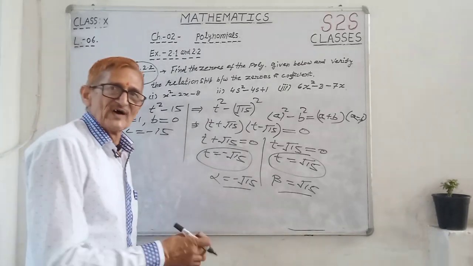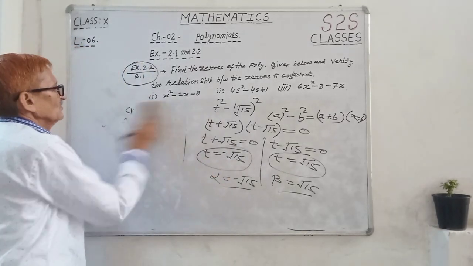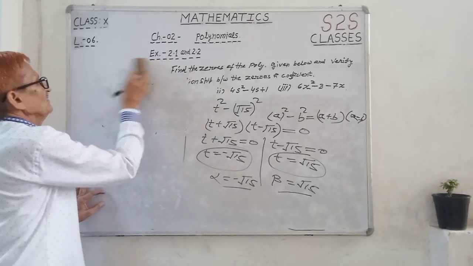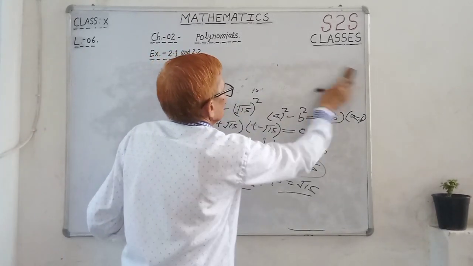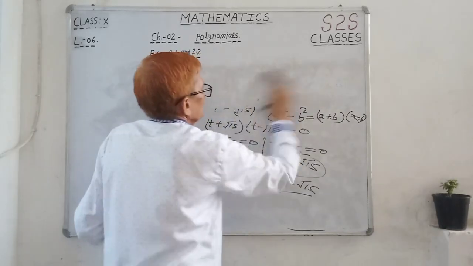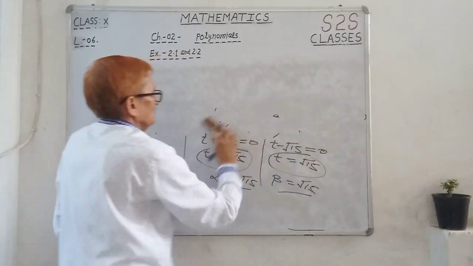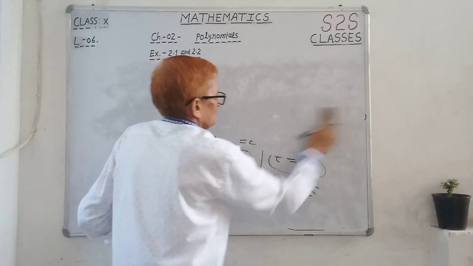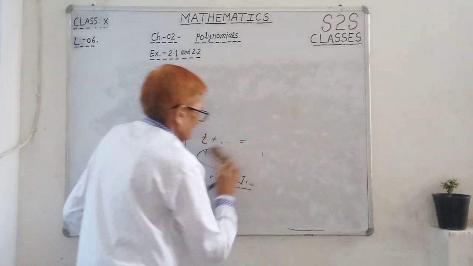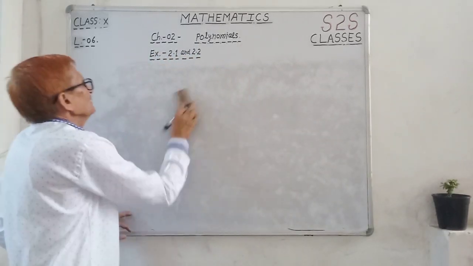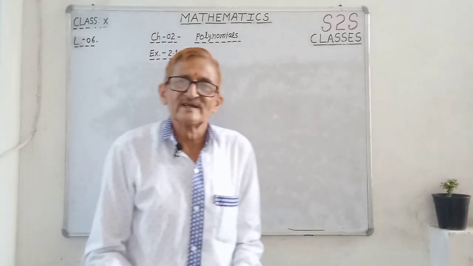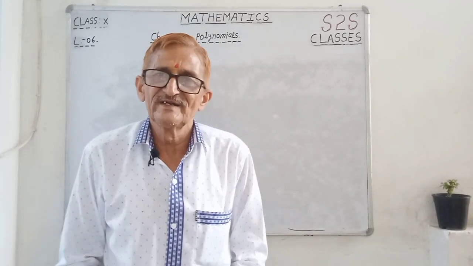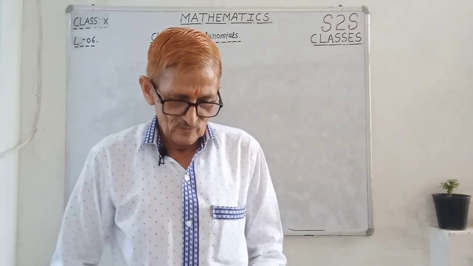Verify both similarly. Okay. You can do like this. All quadratic polynomial zeros you can find and verify the coefficients.